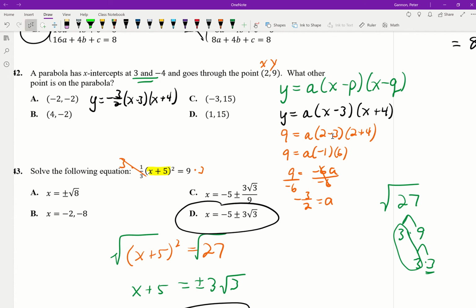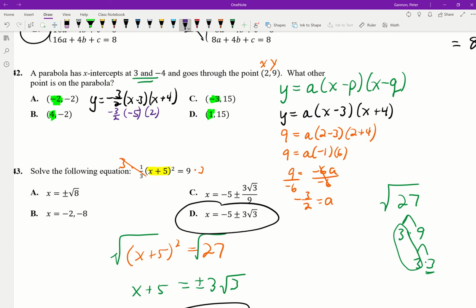In order for us to figure out which other point is on the curve, what I would do is I would plug in the x values until you find the one that gives you the y value that's there. So if I start out, x being negative 2, you're going to get negative 5 here, you're going to get 2 here, and then we would be multiplying by negative 3/2.